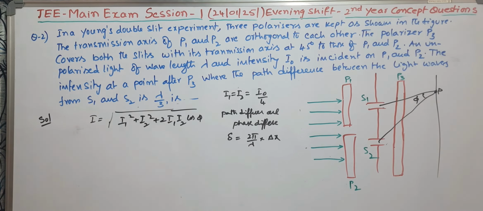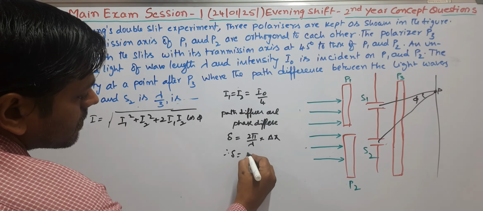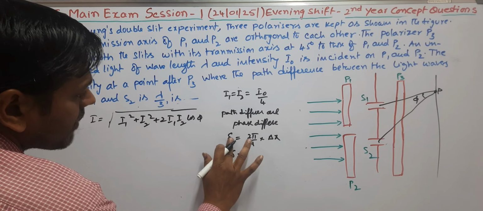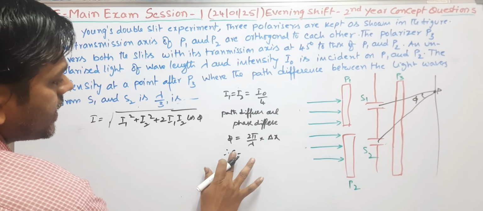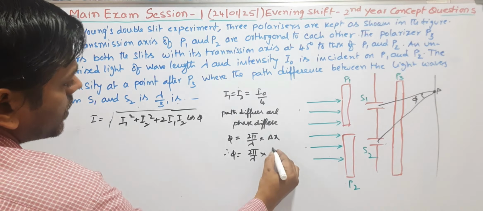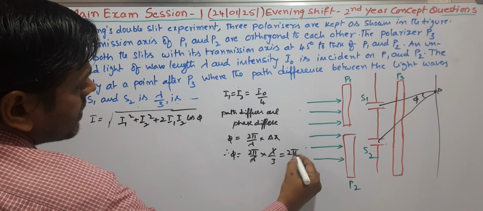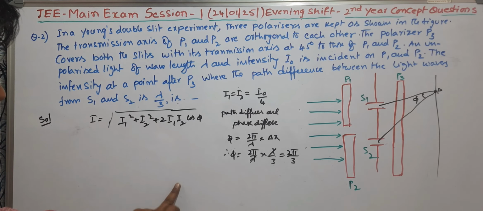Here the path difference is given as lambda by 3. Therefore, the phase difference phi equals 2 pi by lambda into lambda by 3. The lambda cancels, so the phase difference is 2 pi by 3.